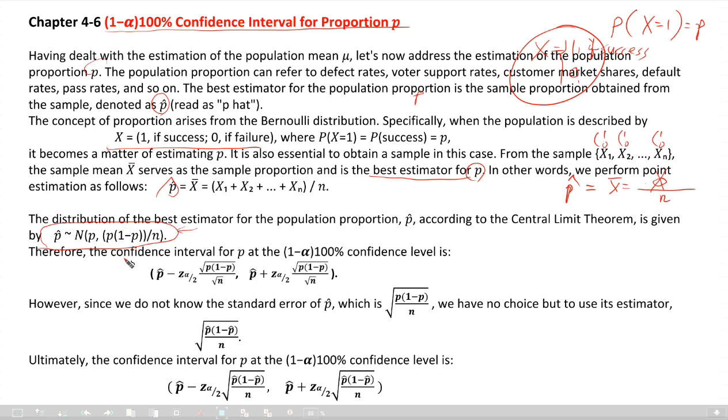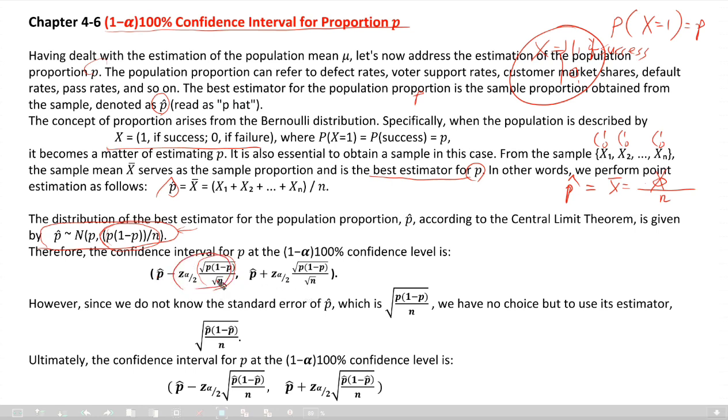Therefore, the confidence interval for p at 1 minus alpha 100% confidence level is p hat minus z alpha over 2 times this square root. What is this? We call it the standard error of p hat, because p hat is a statistic. A statistic's standard deviation is called standard error. It is a standard error, all right?